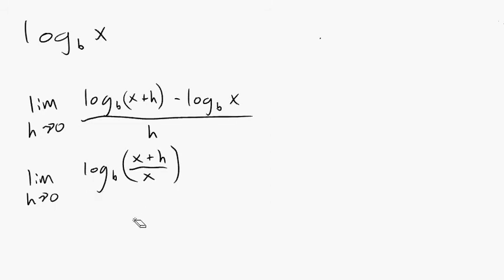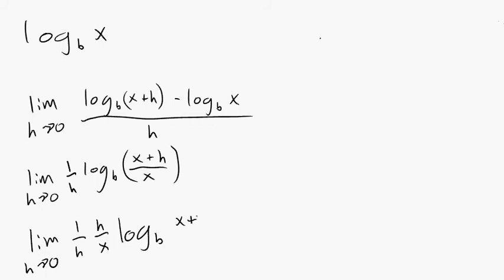Instead of dividing by h, let's multiply by 1 over h. And now we'll use another property of logarithms. We'll write it as the limit as h approaches 0 of 1 over h, and then we'll multiply this by h over x. And what we'll do is we'll raise the inside term of the logarithm to x over h. So log of x plus h over x to the x over h.